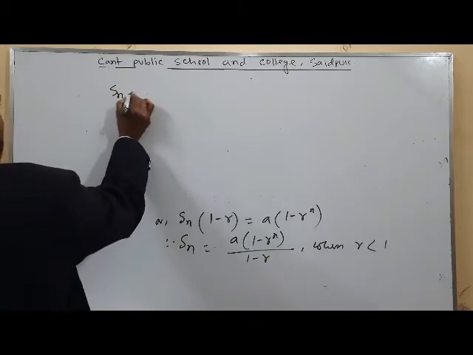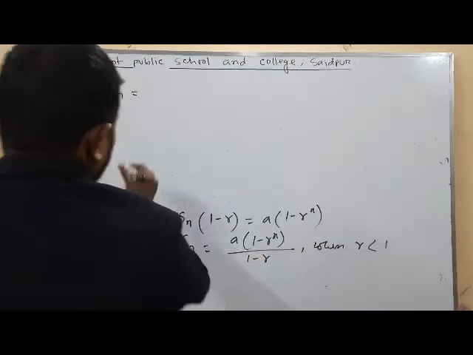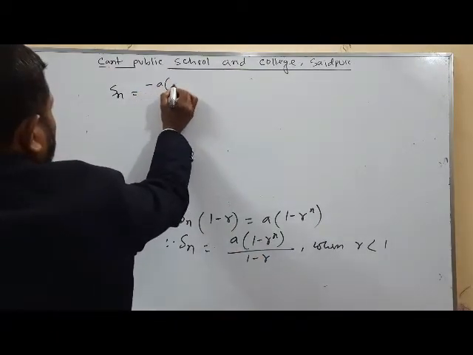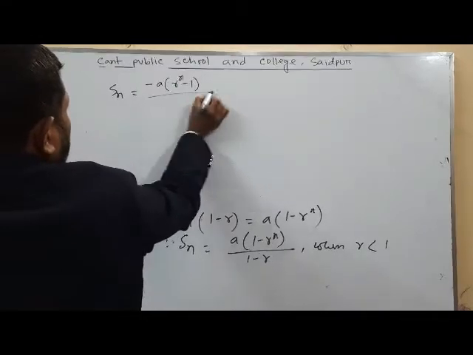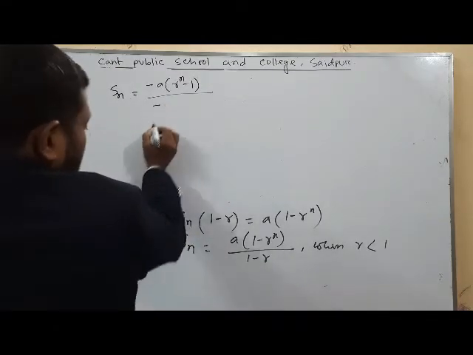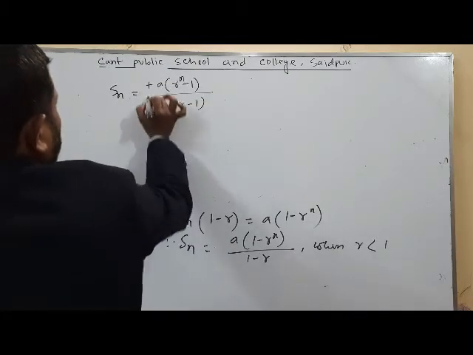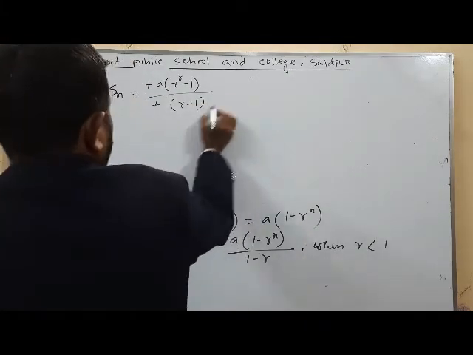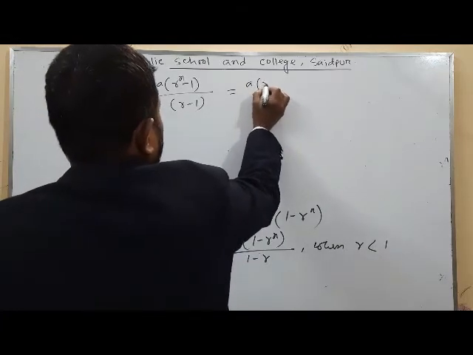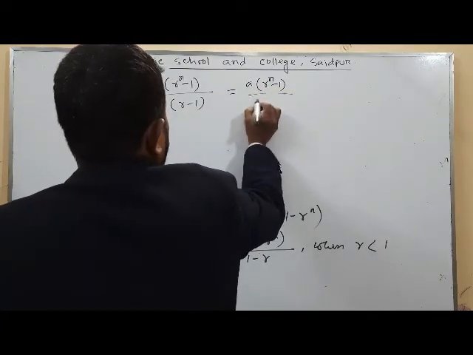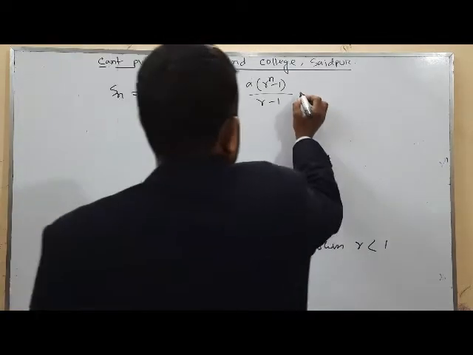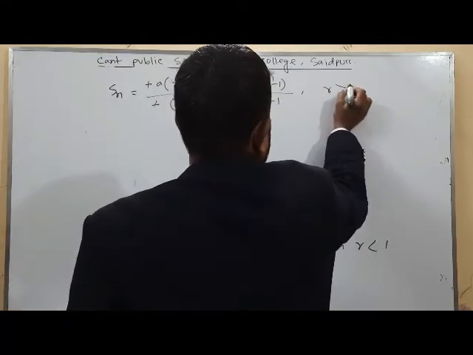Sn, if we take common minus, then we get a into r to the power n minus 1 over r minus 1, the minus and minus cancel. Here r is greater than 1.